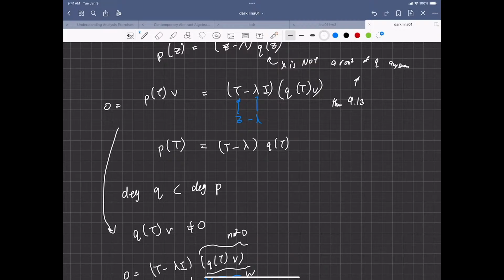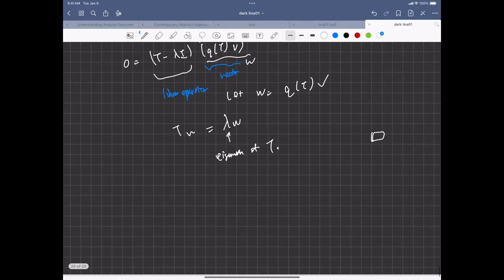And this is kind of weird. The fundamental theorem of algebra is about polynomials in complex numbers, but we used linear operators in the space of polynomials, and it still worked. And that's kind of weird. Why did that work?